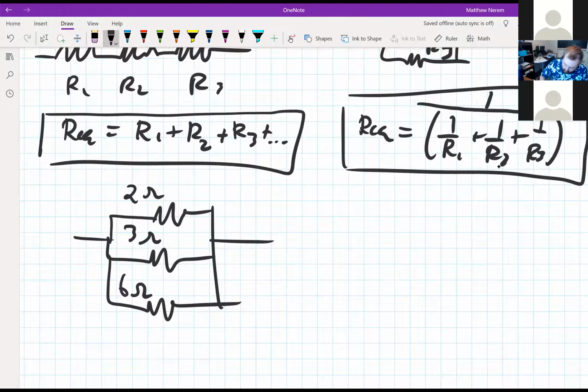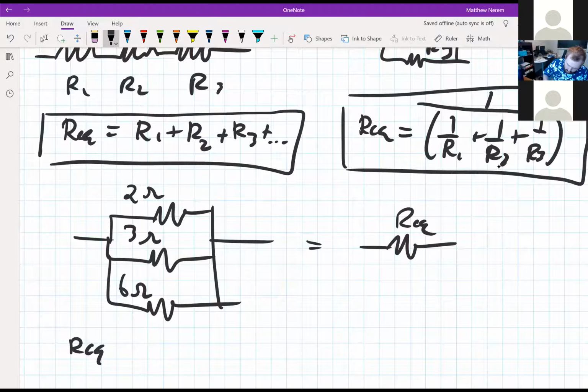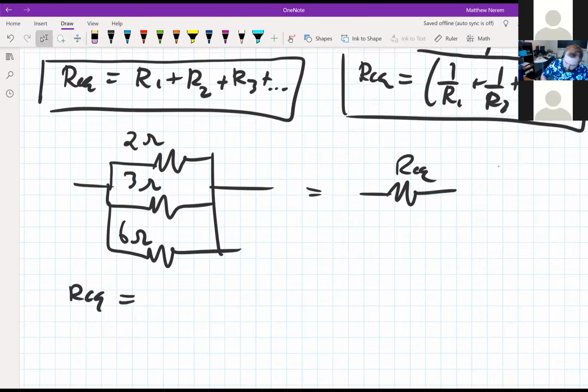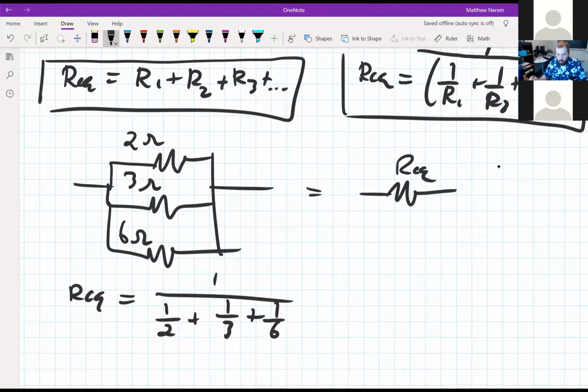And I want to say this is equal to just R equivalent. So R equivalent is equal to 1 over 1 over 2, 1 over 3, 1 over 6, 1 over all that nonsense. So let's see here. I cheated. I made them all factor into 6 easily.